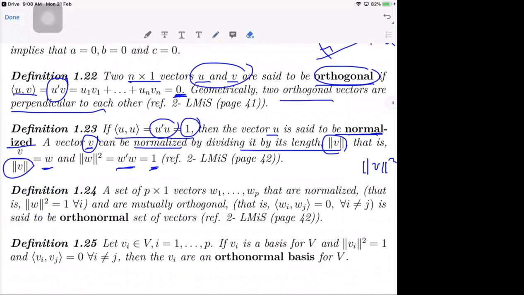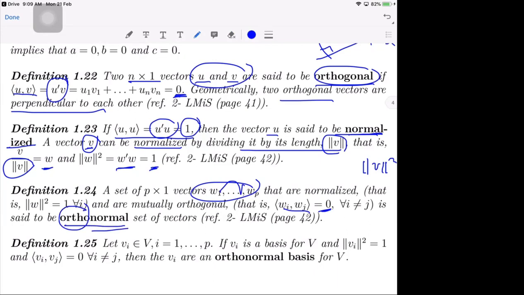So if it is mutually orthogonal, that is, you get the inner product of a set of vectors with each other and it is equal to 0, then we say it is orthonormal. So ortho means orthogonal, and at the same time normal, it is normalized.